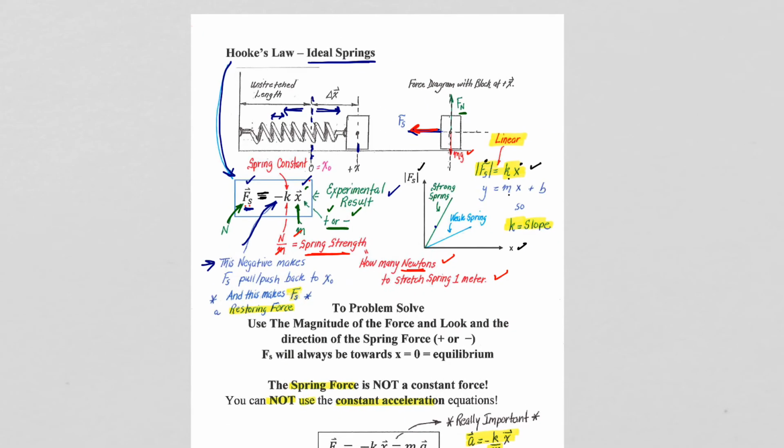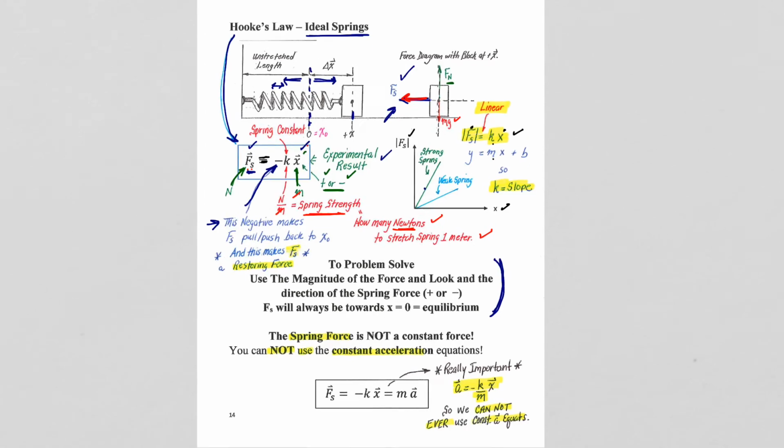Often to problem solve, I will not strictly use F equals minus kx. I find it very useful to problem solve by looking at the actual question, seeing whether the spring is pulling back to zero or pushing back to zero, and making sure that my spring force direction that I'm going to use in my force diagram is consistent with what I know the spring is doing.